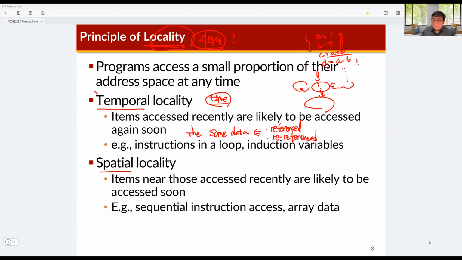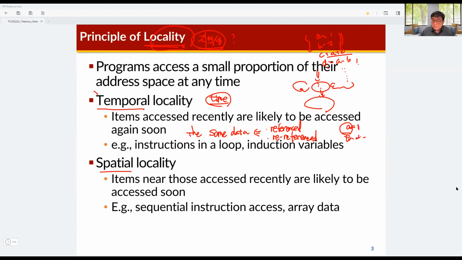Just imagine that if you define a certain variable in your C code, like A equal 1, and then this variable will be used again and again in your code, right? So that's the temporal locality. Also, we frequently use an iterative loop, like for I equals 0, I is less than 100.